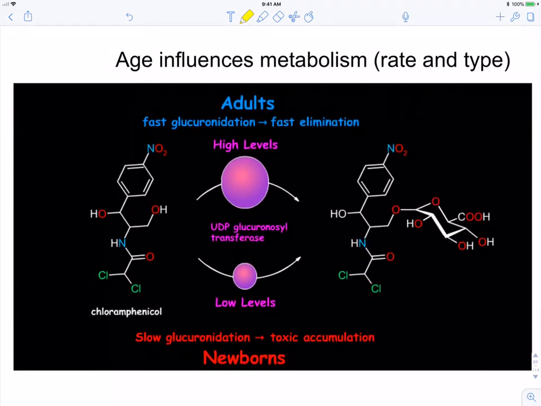So one important thing to note is that several factors can influence metabolism. Factors that influence metabolism are, for example, age.